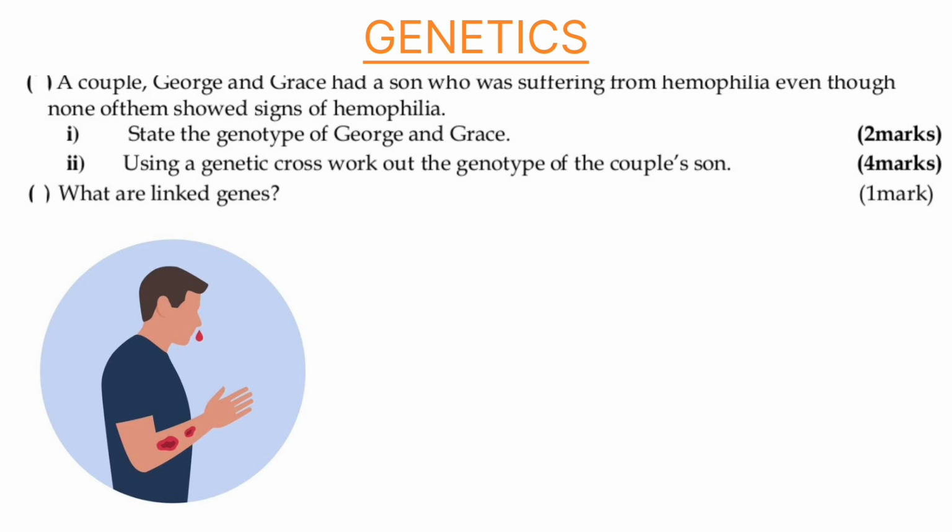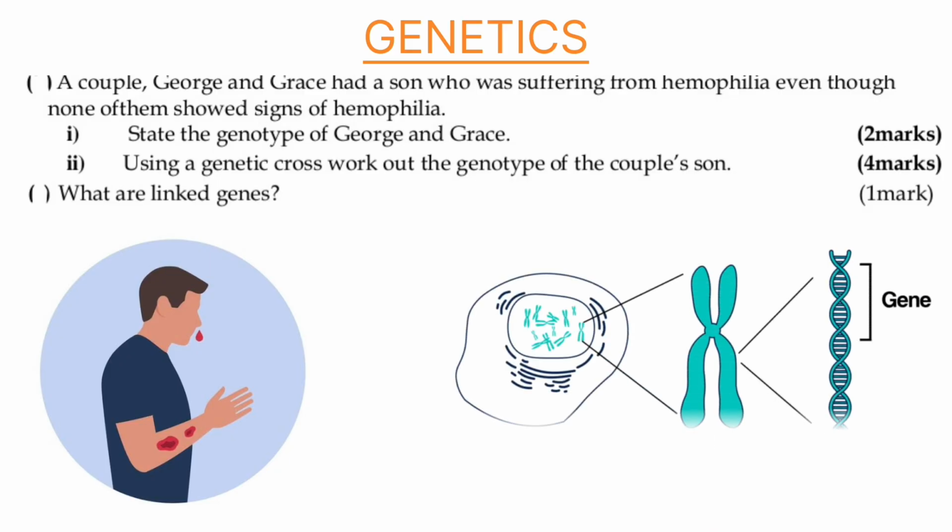Now, this is an X-linked recessive disorder, meaning that the gene responsible for producing the clotting factors is located on the sex chromosome, specifically the X chromosome. And that is the reason why it's referred to as X-linked disorder. The gene is present on the X chromosome.